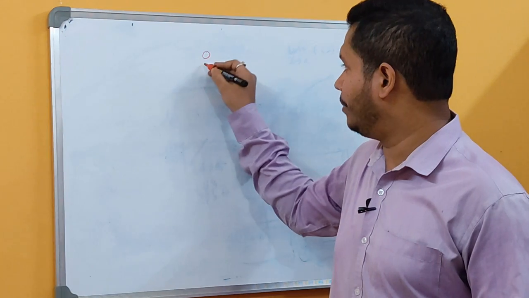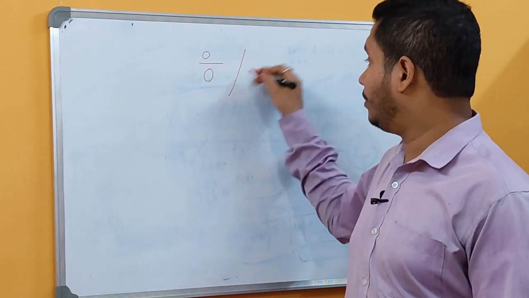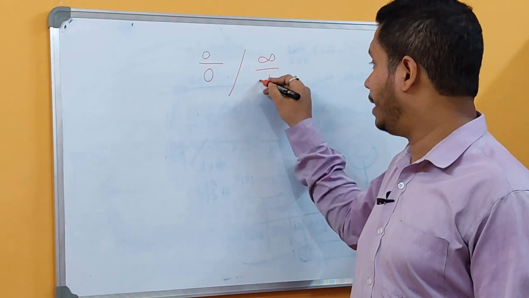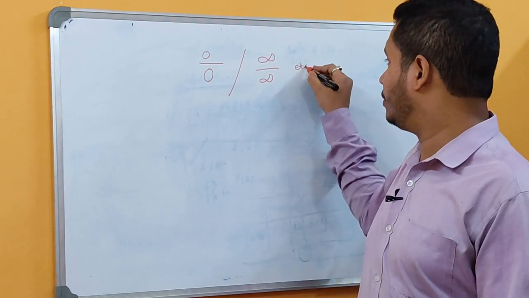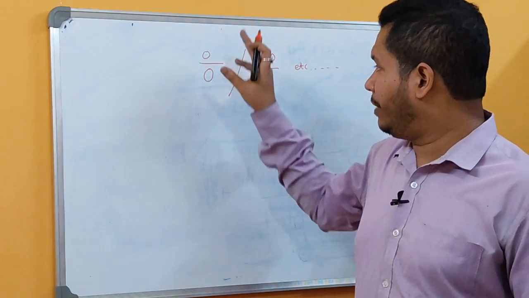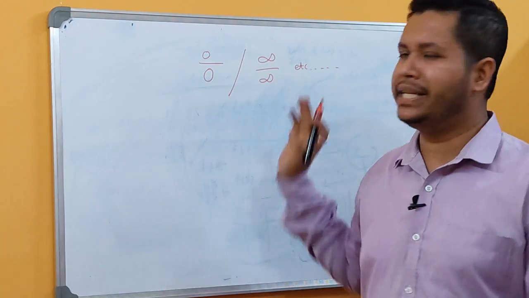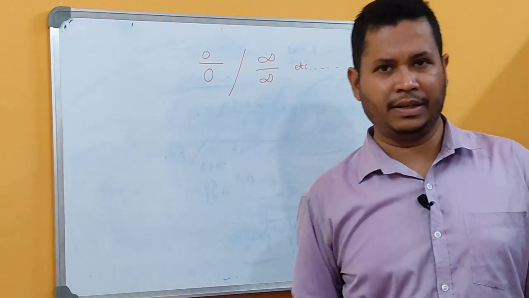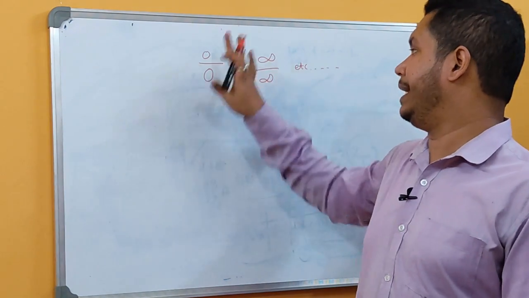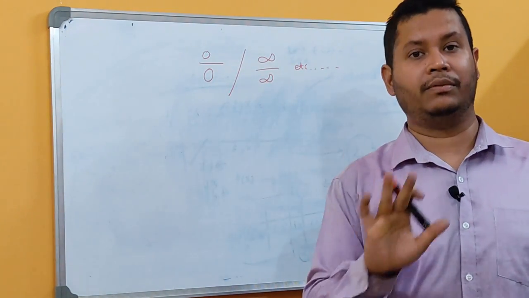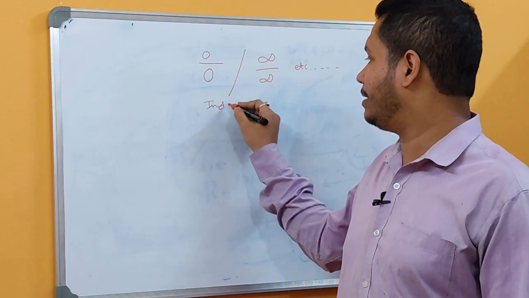It might come in the form 0 by 0, or infinity divided by infinity, or some other forms of the same type. Whenever we get terms like 0 by 0, infinity by infinity, infinity minus infinity, then we can't say what the exact value of the limit is. And such cases are known as indeterminate forms.